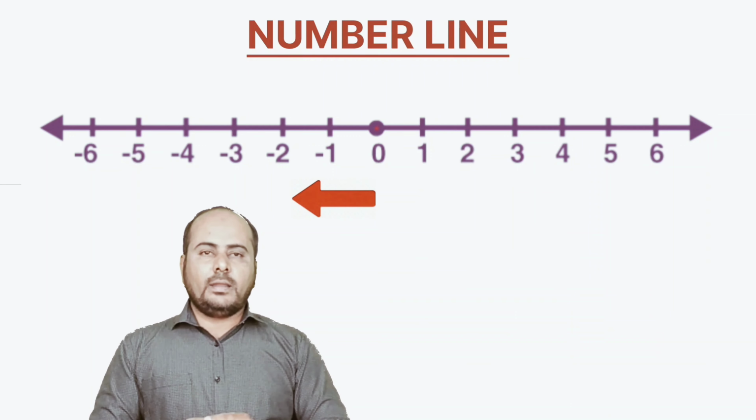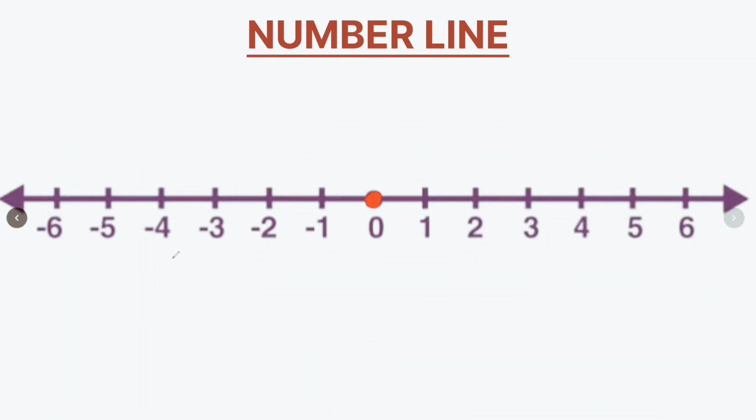Now in this number line, if I want to select the point 2, it can be selected on the right side of 0, at 2 units distance. Now if you want minus 4, it can be taken 4 units distance from 0 to the left side, because all the negative values are represented on the left side of 0.